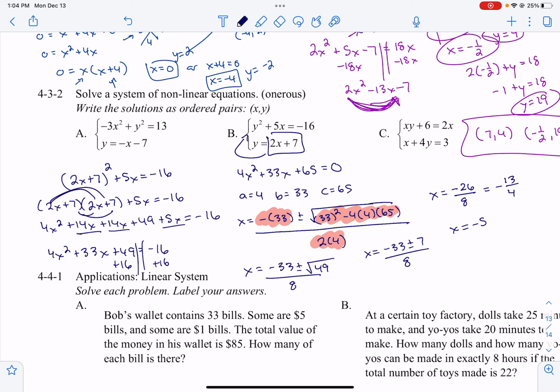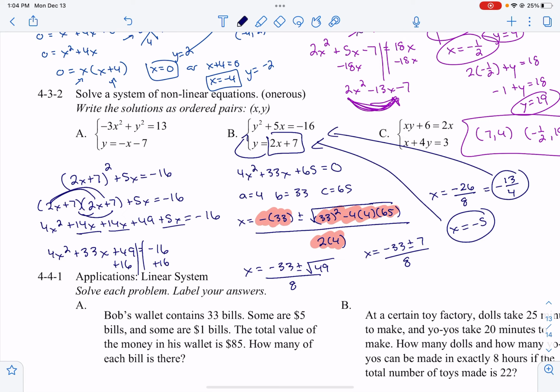So I have 2 x values, this one and this one. Now I need to plug those in to get my y values. All right, so let's plug in the negative 13 fourths first. So I get 2 times negative 13 fourths plus 7.